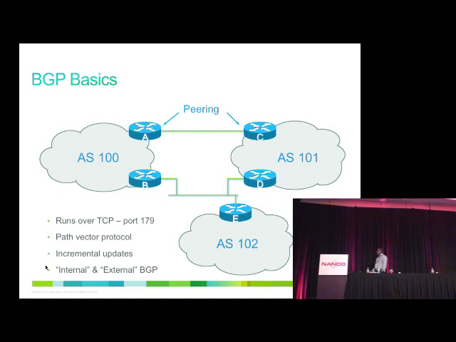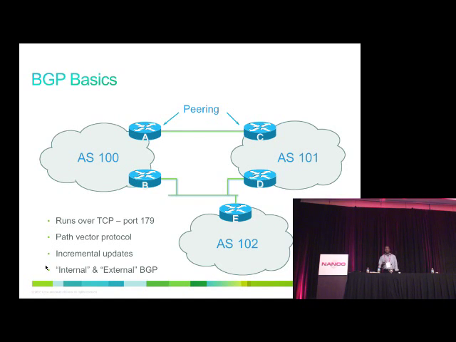So to come back to the BGP basics, the protocol runs over TCP, port 179. It's a distance vector protocol. Peering is the cornerstone. So you'll have peering within a single autonomous system or between autonomous systems, and we'll discuss that.